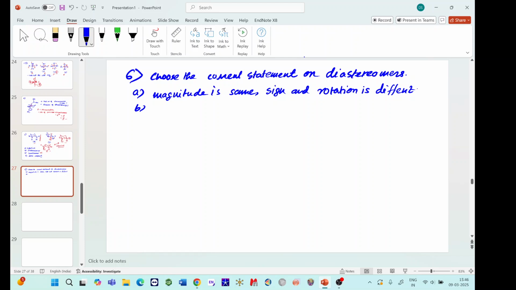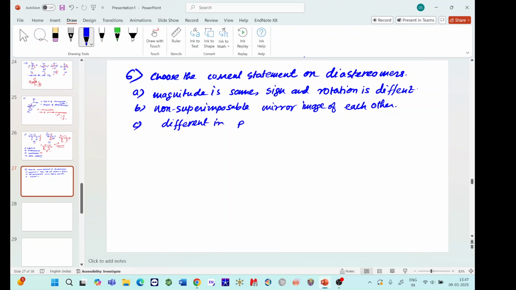Then: non-superimposable mirror image of each other. Then: different in physical properties.